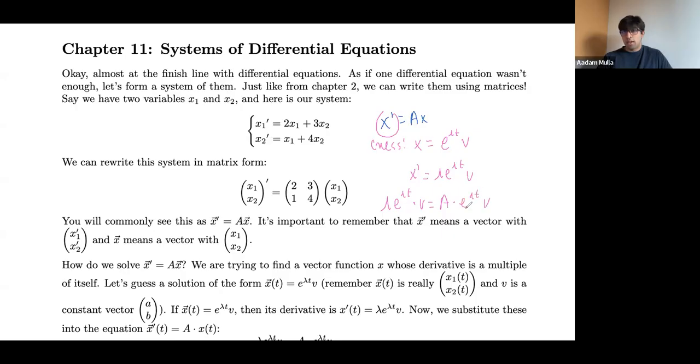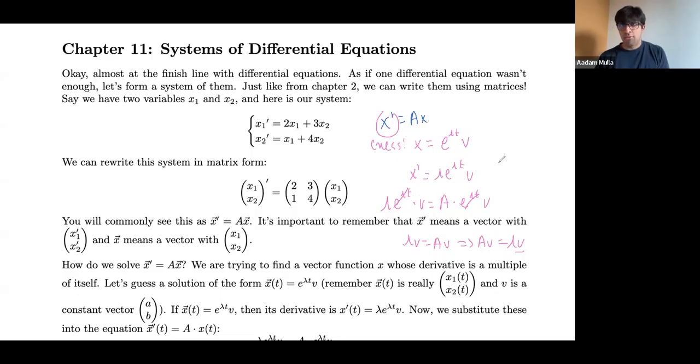Notice how e to the lambda t goes away, and we're left with lambda v equals Av. In other words, Av equals lambda v, and that should make your day, because that's the famous eigenvalue equation that we've seen so many times, right? A vector multiplied by a matrix ends up as a scalar version of that vector.